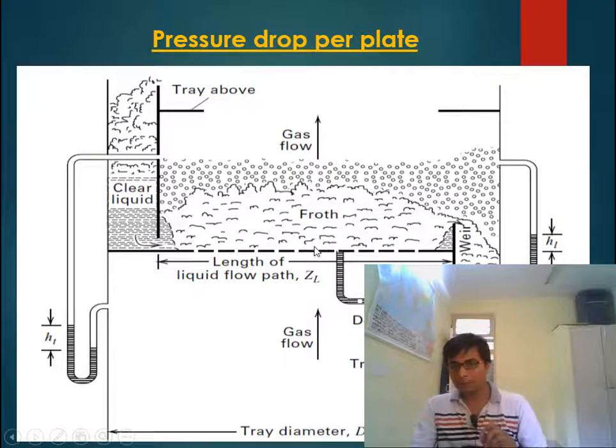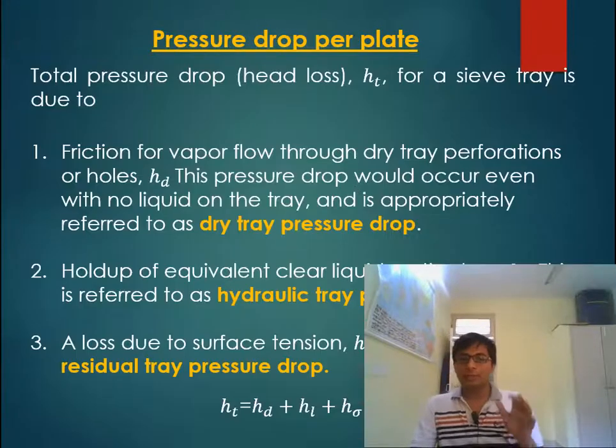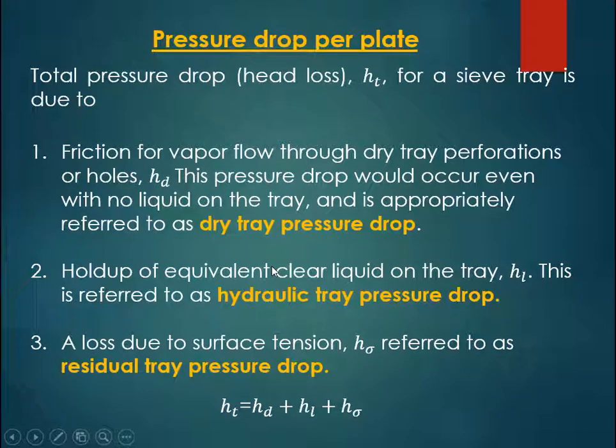That gives the pressure of vapor at this point. It means when vapor has passed through this liquid, it has lost pressure corresponding to the height of liquid. So the hydraulic tray pressure drop will be equivalent to the clear liquid height on the tray.